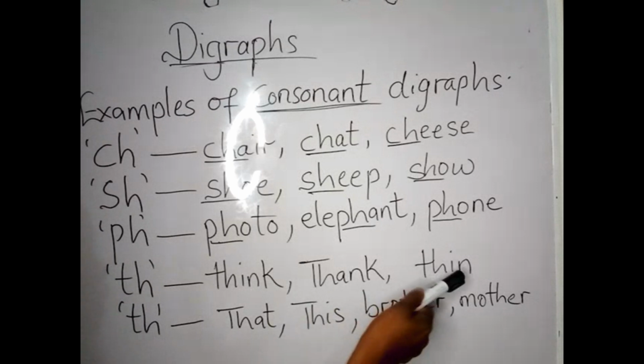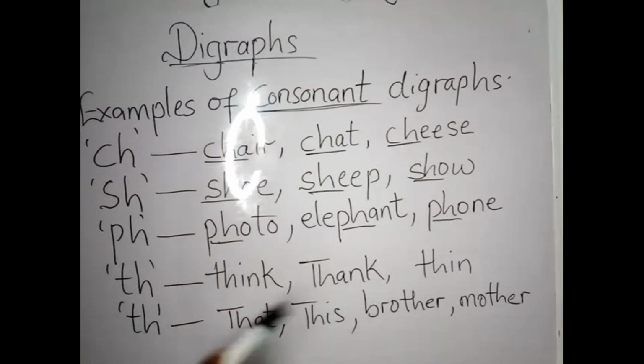Think, thank, thing. There are other words, and then this one is that, this, brother, mother. So any TH you know our people pronounce like the letter D sound, know that it is the voiced th, not d. And the one they pronounce as t, like tink, tank, you know it is think, thank, thing.